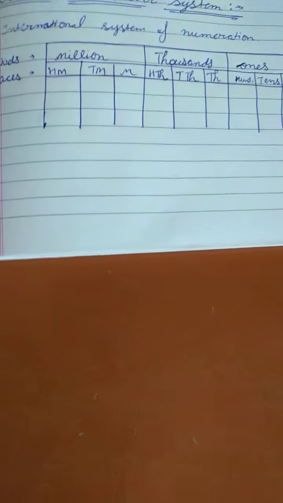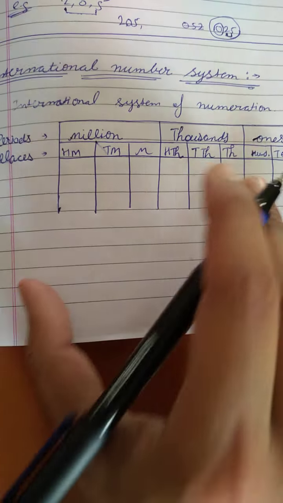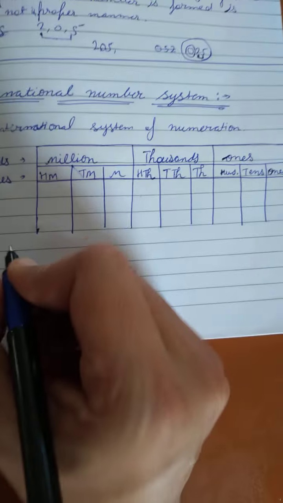So if we first recognize the periods and places, then we can easily read any number in the Indian number system as well as the same number in the international number system. Is that clear?